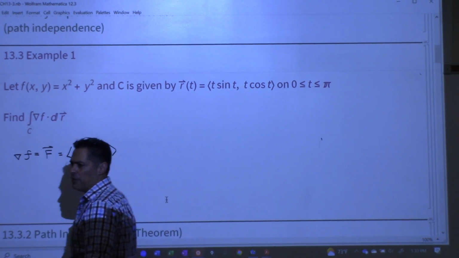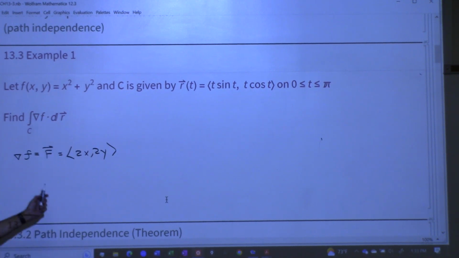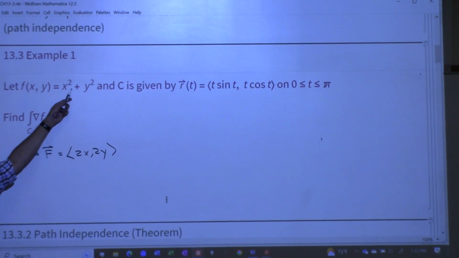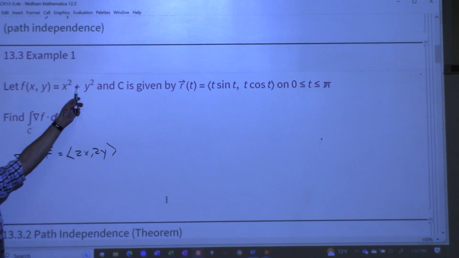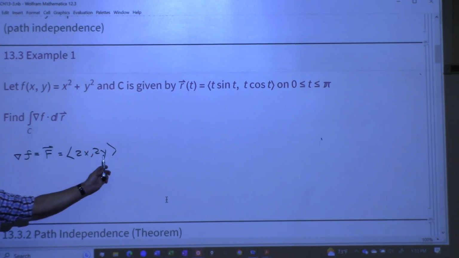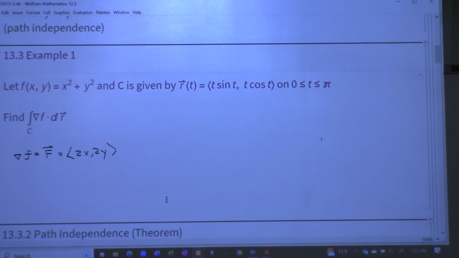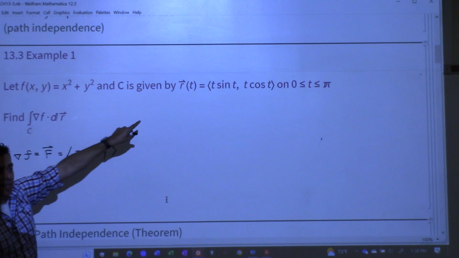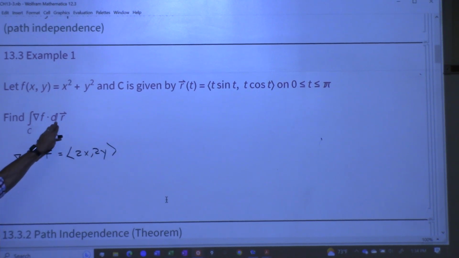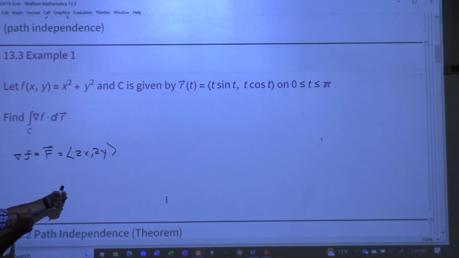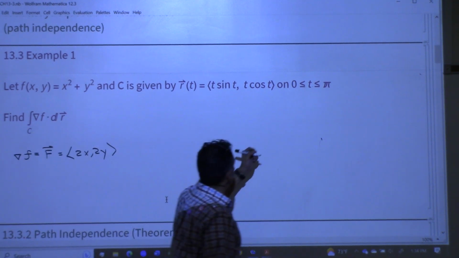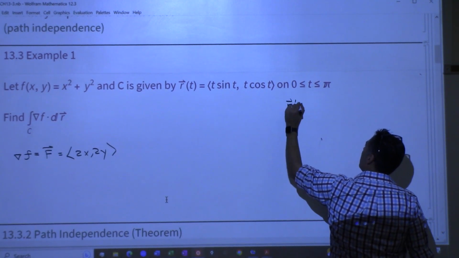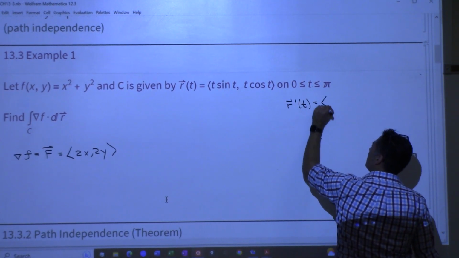Pretty straightforward vector field, right? You remember how to do this? Gradient? Partial of that with respect to x, partial of that with respect to y. Now, I need my path, which is given, and I need the derivative of it to dot with that field. So let's take the derivative of this.